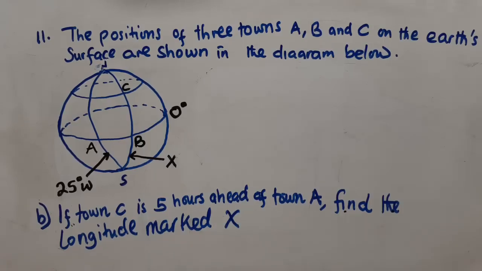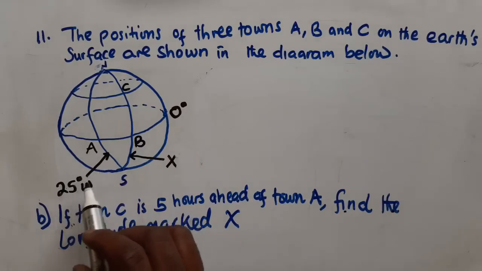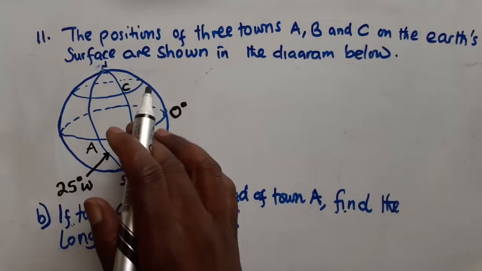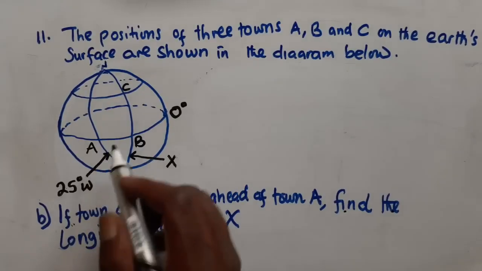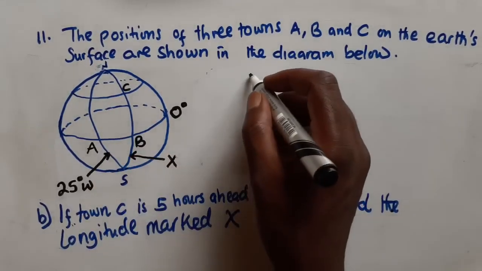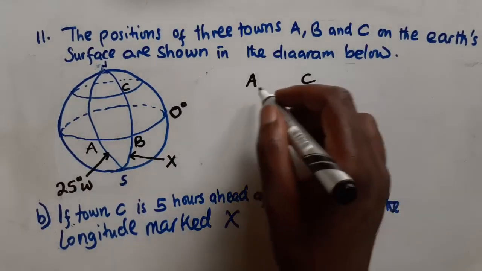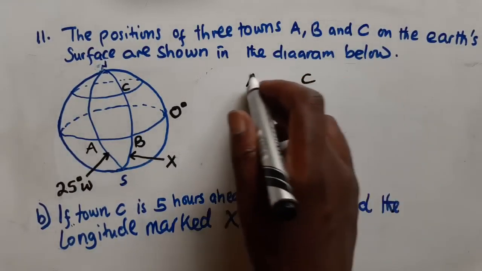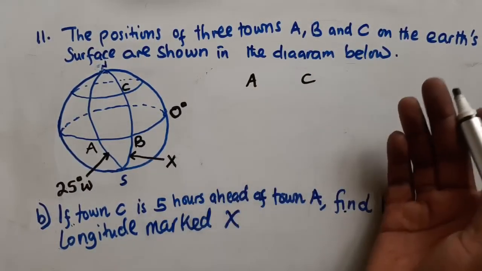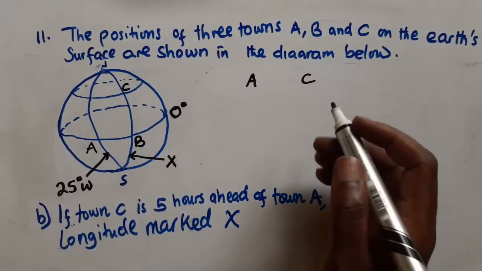So, as you may know, usually this is what we do, isn't it? If we have this point here, A and C, they have their difference in time, which is 5 hours.